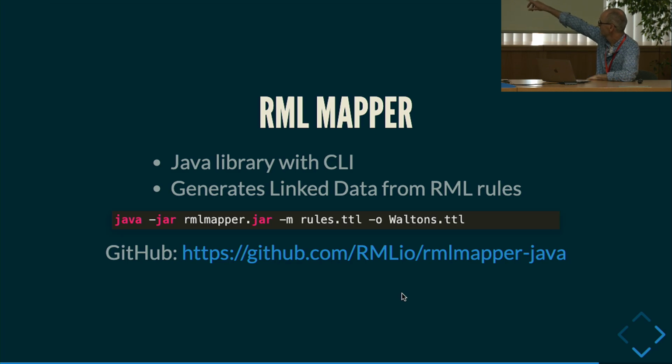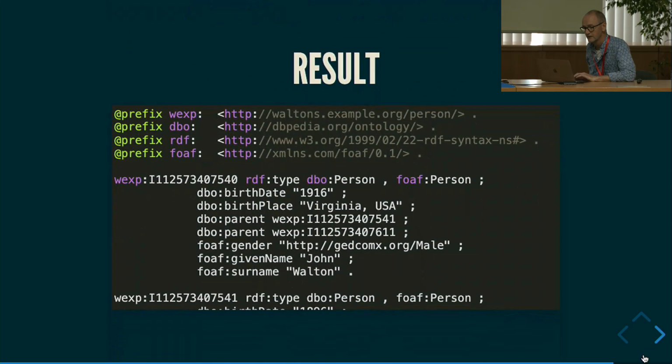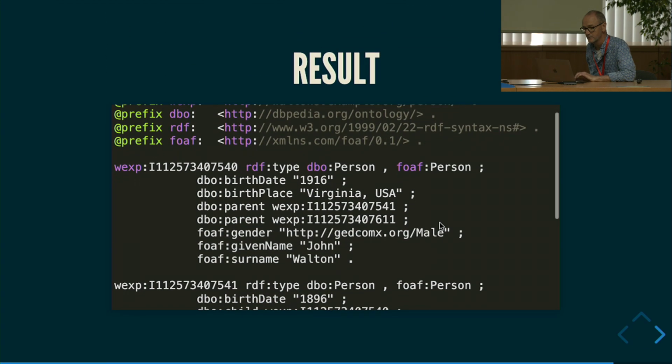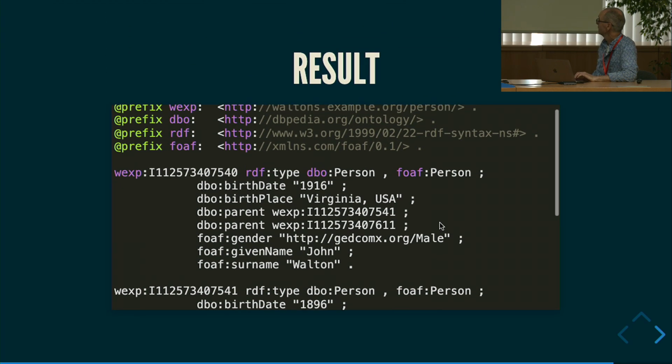In this case, it's just a Java command line, and I'm passing in the mapping file, the rules TTL, and the output is going to be the Walton's TTL. And you might be saying, oh, where's the input file? Well, the input file, if you remember, is actually encoded in the rules file. So that's already baked in there. And that will give you some RDF.